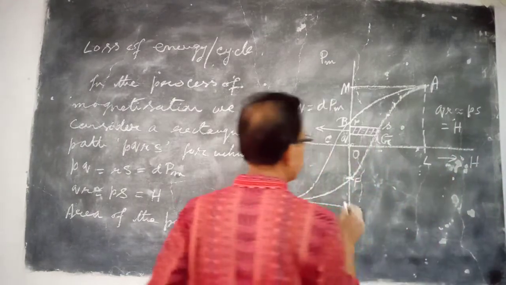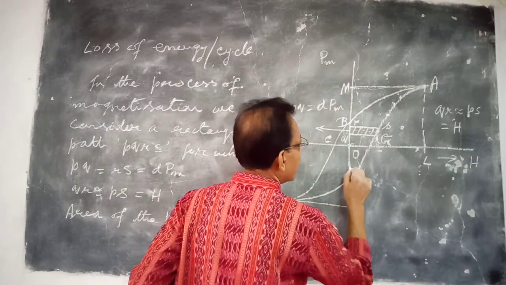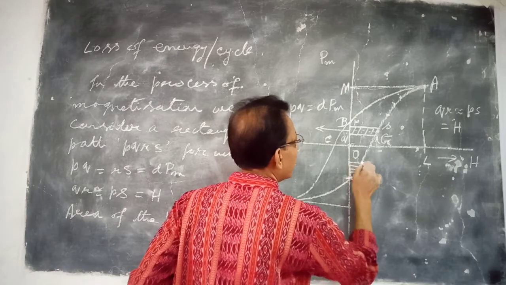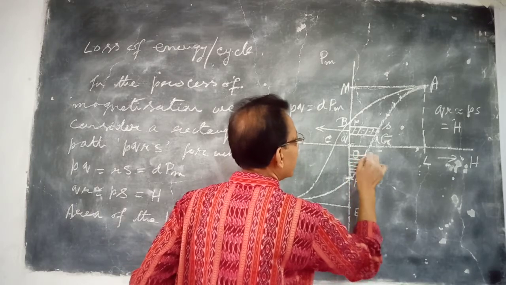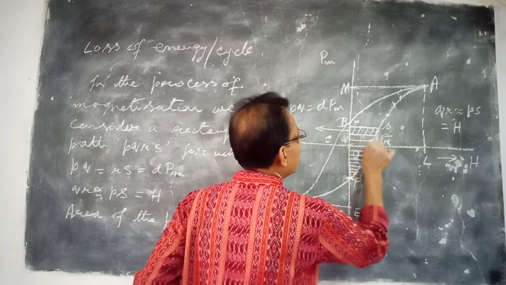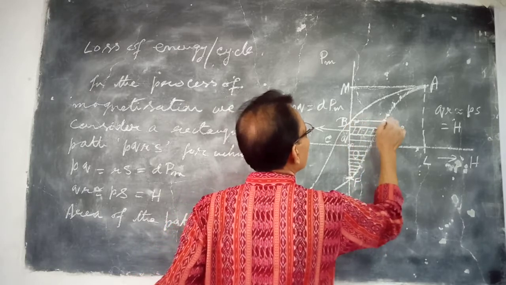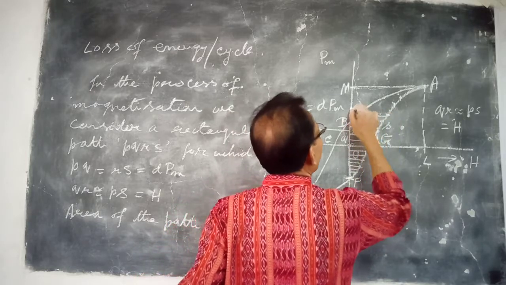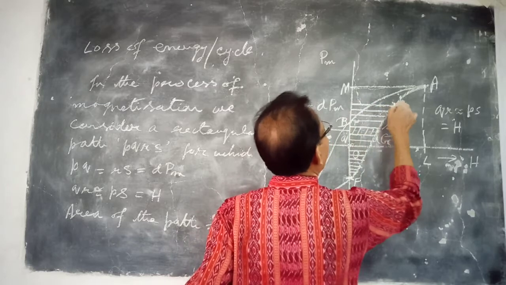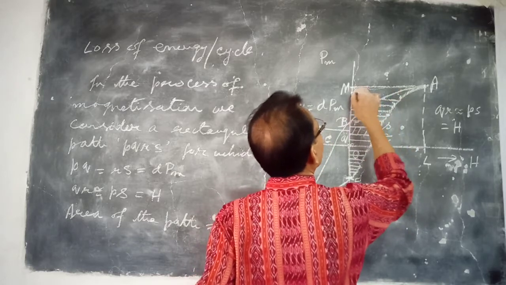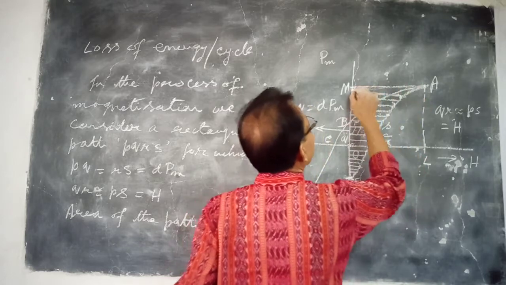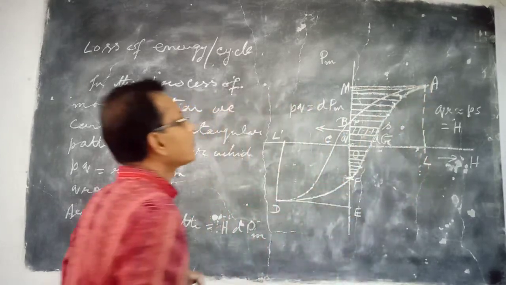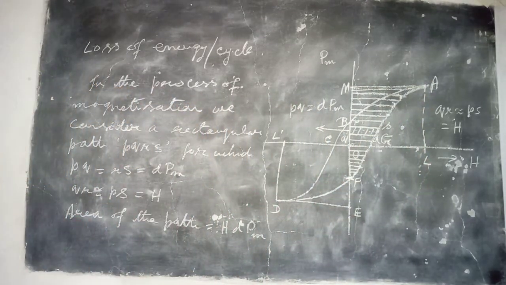So in that process, if we go on dividing it into a large number of small rectangular paths and calculate its area, then it gives you the total work done on the material by the external field.